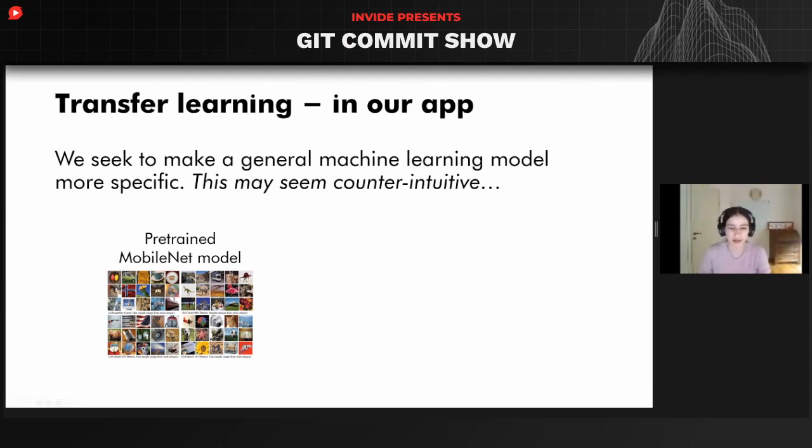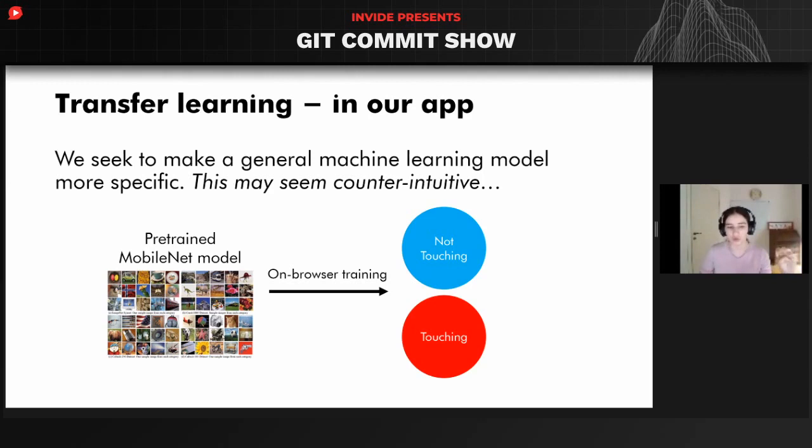You can take a cat or a ball or anything, and it outputs a set of categories of what that thing is. And then we take this result on the face and we train it on browser using a k-nearest neighbors model, and we make it more specific to just output not touching or touching.